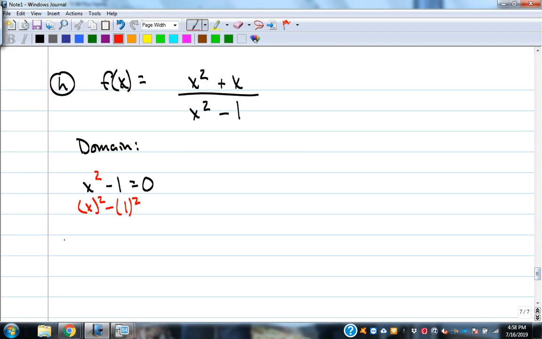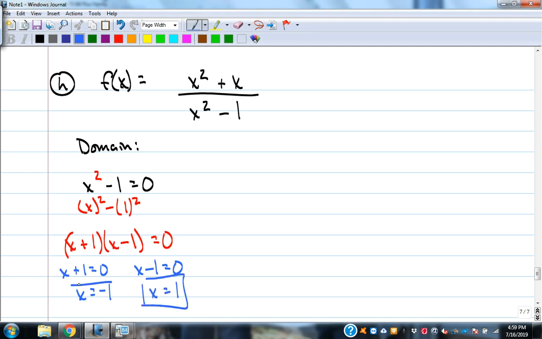So that would give us x plus 1, x minus 1 as the factors for that. We set those equal to 0 and solve them. Just the opposite signs. X can't be 1. X can't be -1. And I'm just going to write it: x does not equal plus or minus 1. Shorthand for the domain on that.